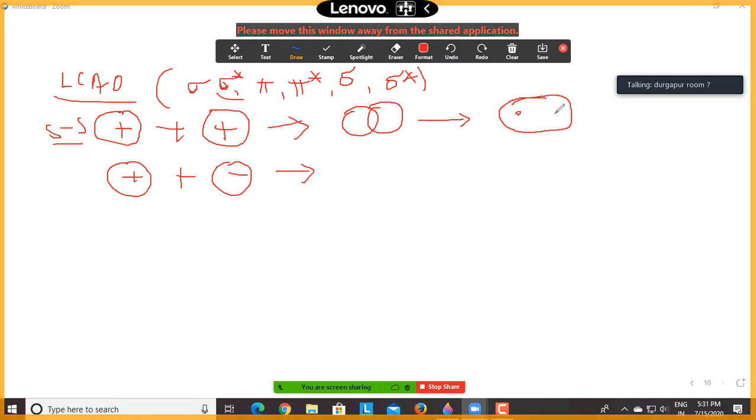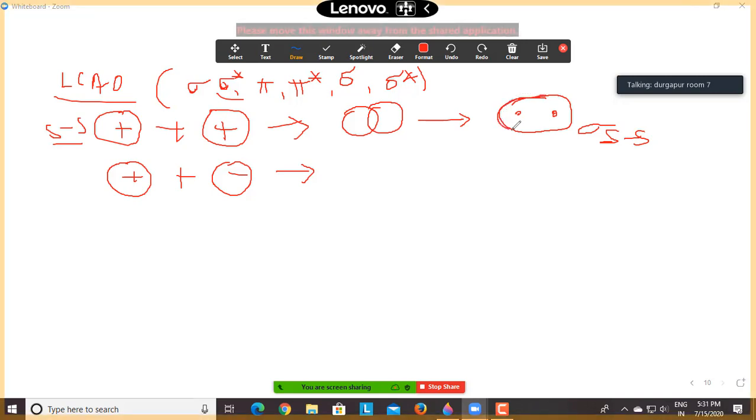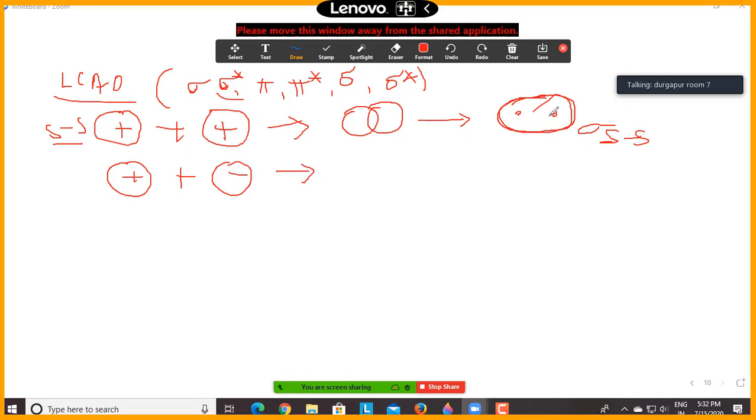So this is sigma s-s, you can tell sigma s-s. And the shape of this bonding molecular orbital is oval shape. These are spherical shape, this is oval shape.